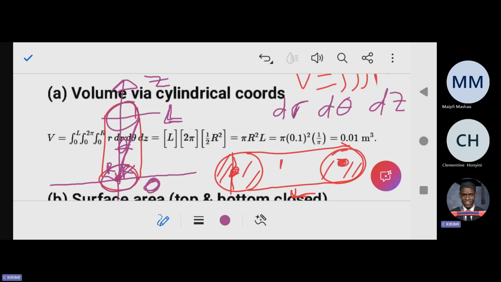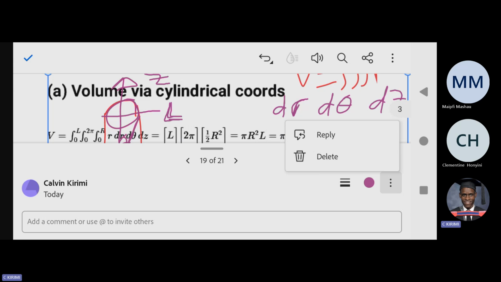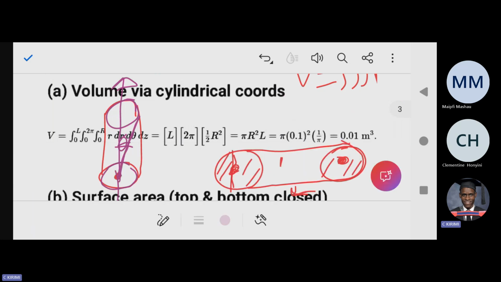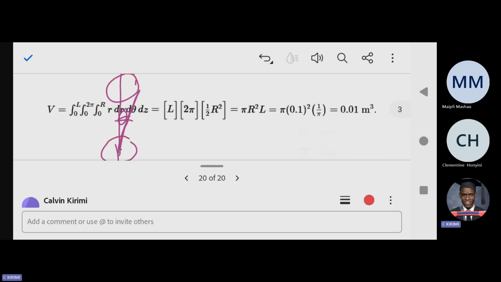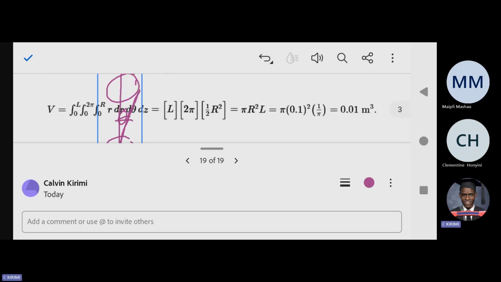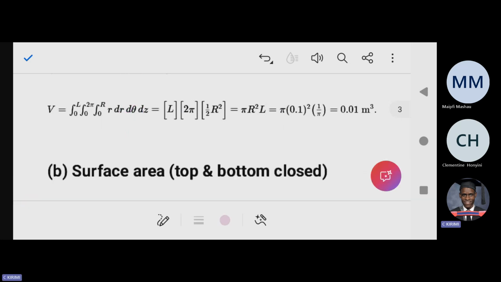So now you are integrating r dr d theta. Is the problem the math part, or the setting up of the integral? If it's the math part, then you tell me. If it's the setting up, then I've shown you where the limits are coming from.